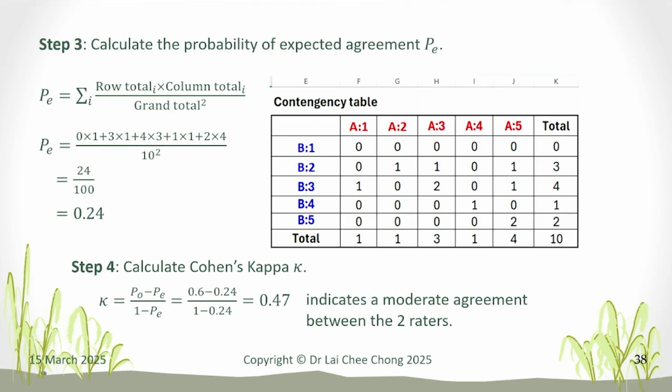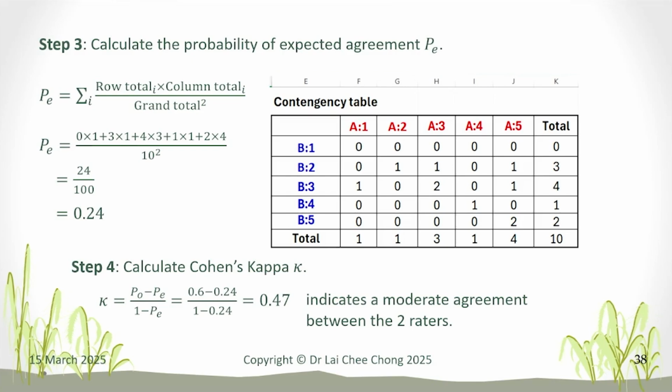See that? 0 times 1, 3 times 1, 4 times 3, 1 times 1, 2 times 4. That is the expected agreement. Very similar to chi-square up here. But sorry, I said I don't use chi-square. I said it looks similar, but not chi-square. I said that already.